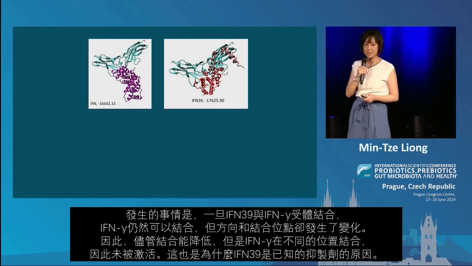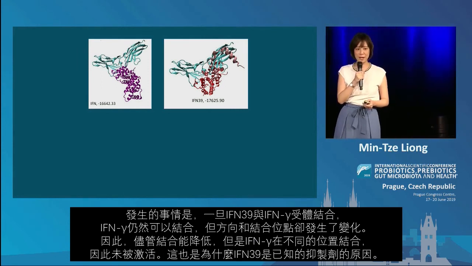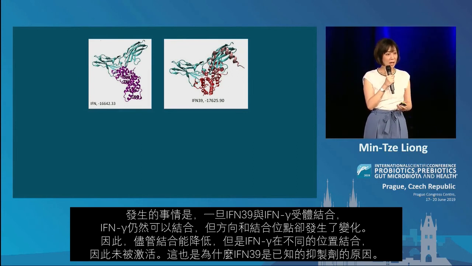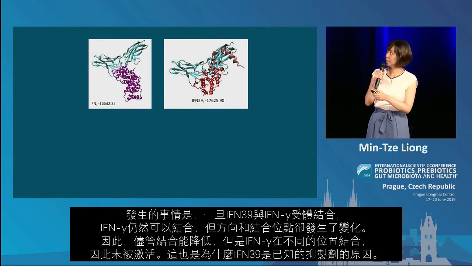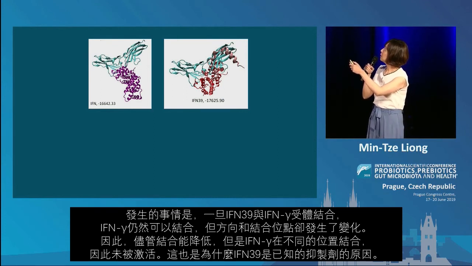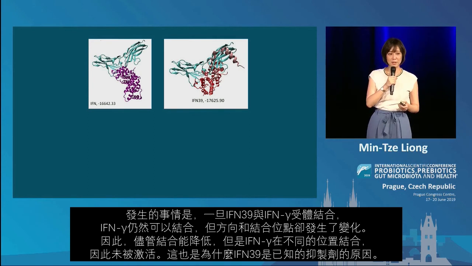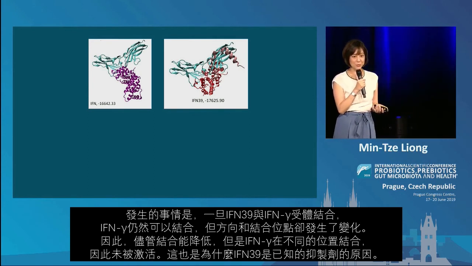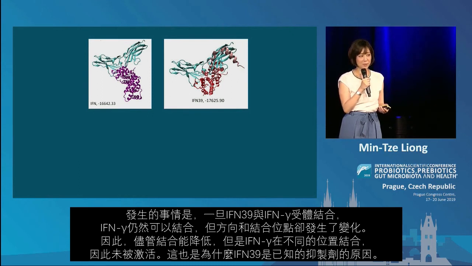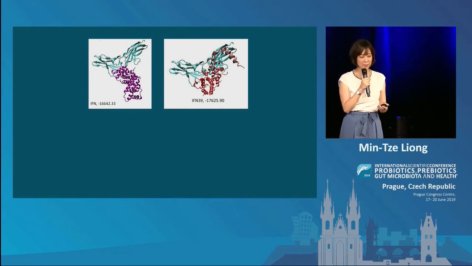Once it's bound to the IFN gamma receptor, IFN gamma can still bind. However, do notice that the orientation changed. And look at the binding site. The binding site has already changed. So yes, no wonder binding energy was reduced. It could still bind, but at a different location. And therefore, IFN gamma was not activated. That is also why IFN 39 is a known inhibitor.